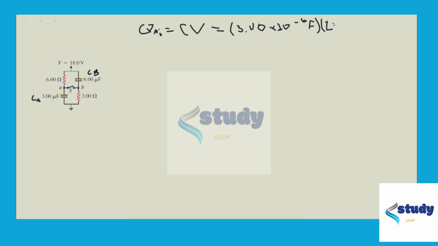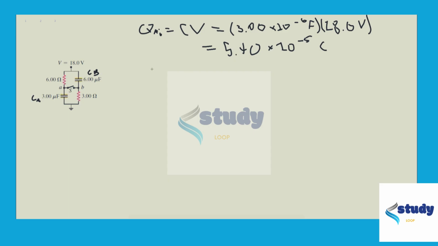I'll put in the significant figures this time to make sure that's carried along. 18 volts, which gives the initial charge on A of 5.40 times 10 to the minus 5 coulombs. It's a pretty straightforward calculation.